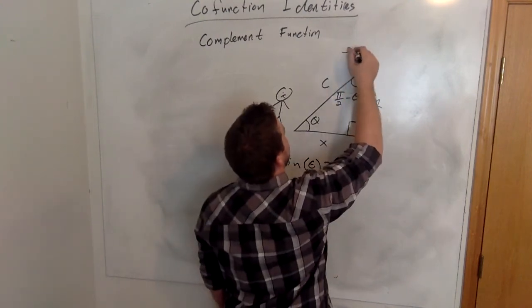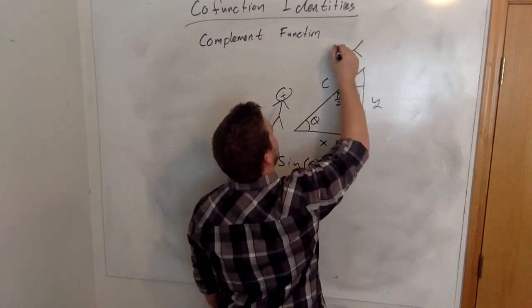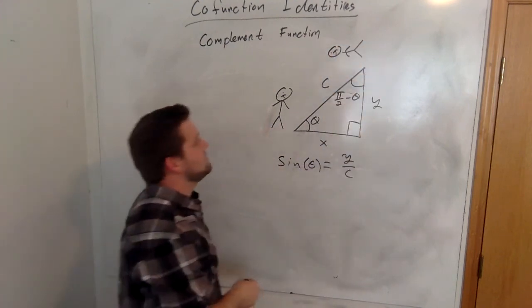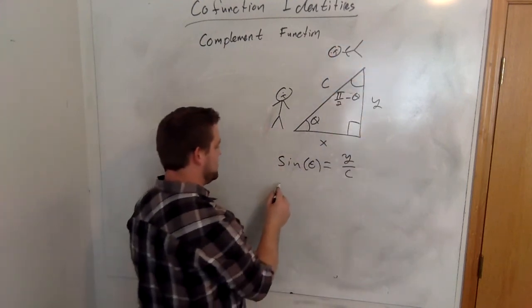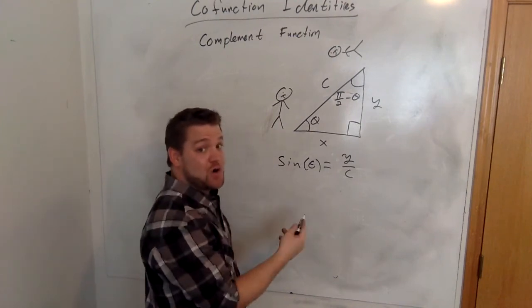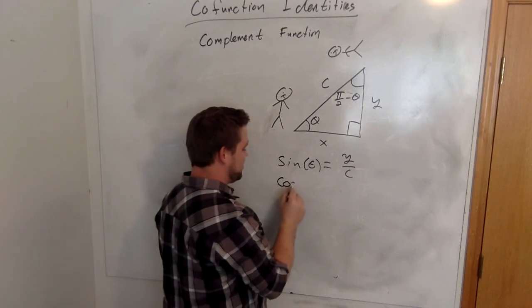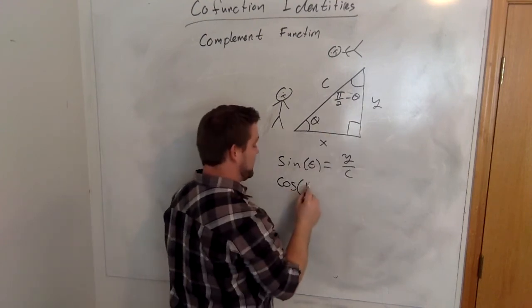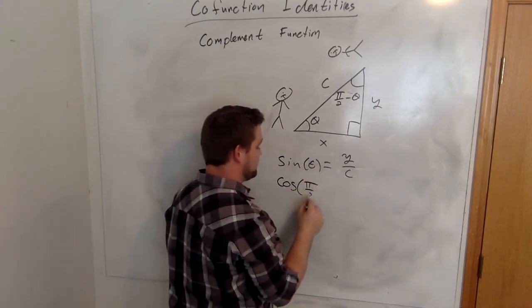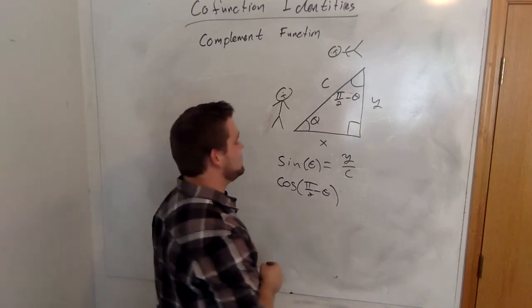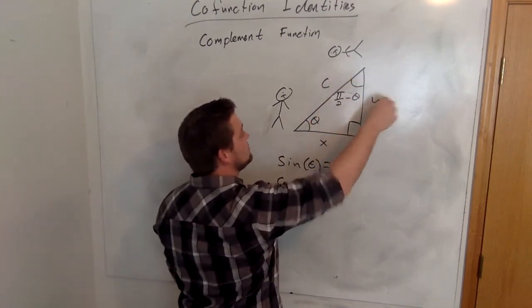But let's say we're standing at the complement angle, and I think about the cosine there. So sine, and then there's cosine, the complement of sine. The cosine of, now I'd be at pi over 2 minus theta. Well, what is cosine? Cosine is adjacent over hypotenuse.